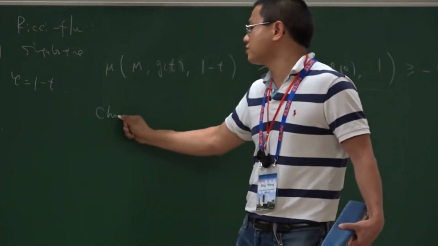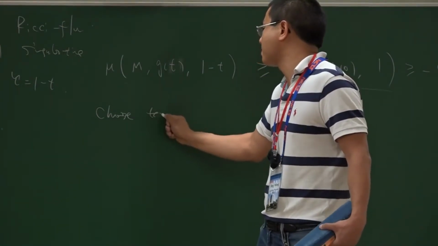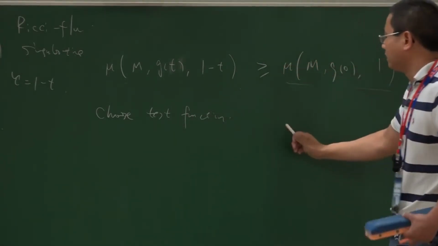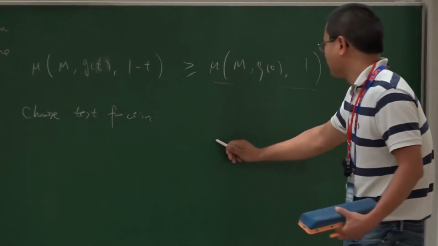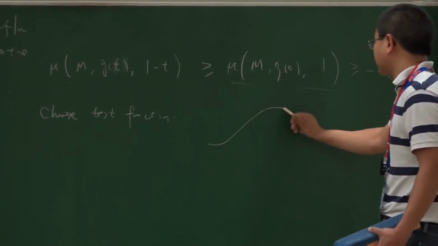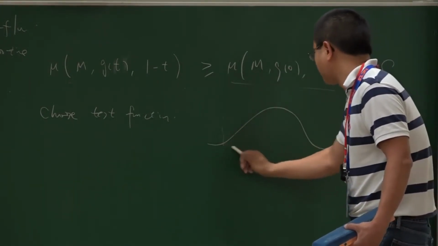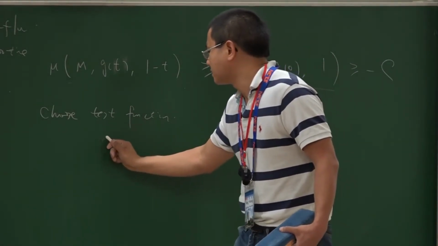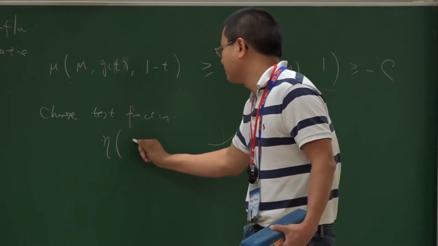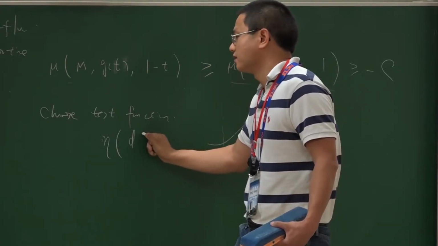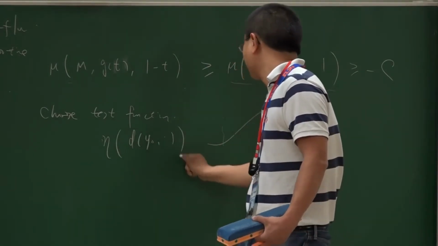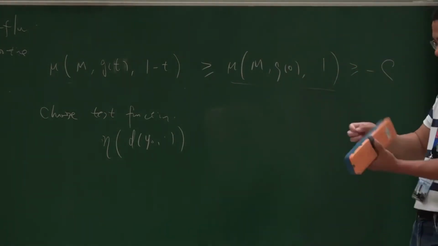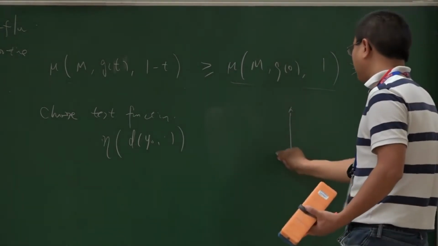Then I choose the test function like this function, let's say eta of the distance to y0. So eta is some function like this.